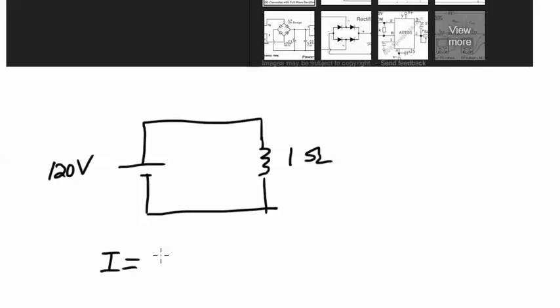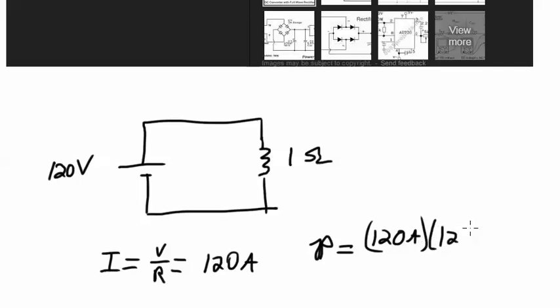I equals V over R is going to be 120 amps. And it's going to produce a power of 120 amps times 120 volts, which is some extraordinary, crazy, excessive 144. 12 times 12 is 144.